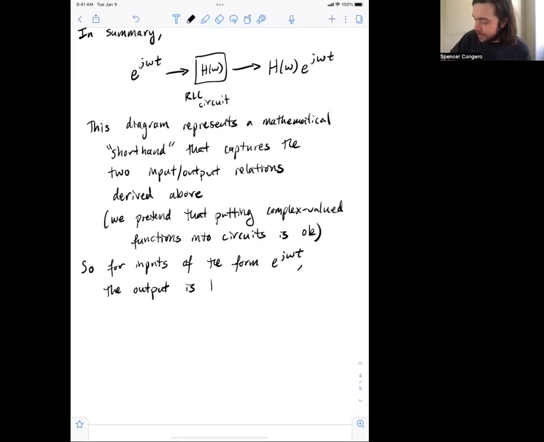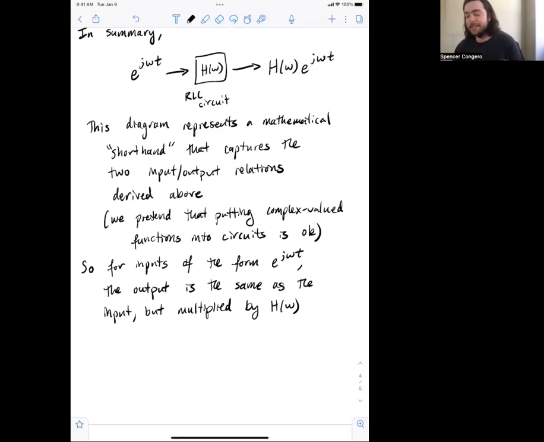The output is actually the same as the input, but multiplied by H of omega, the frequency response at whatever frequency our complex exponential input was at, whatever omega we have there. And this idea is the reason why the title of this video is what it is and why this terminology is used. This is why e to the j omega t is called an eigenfunction.